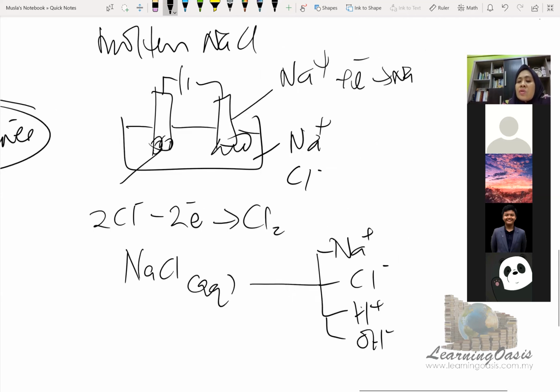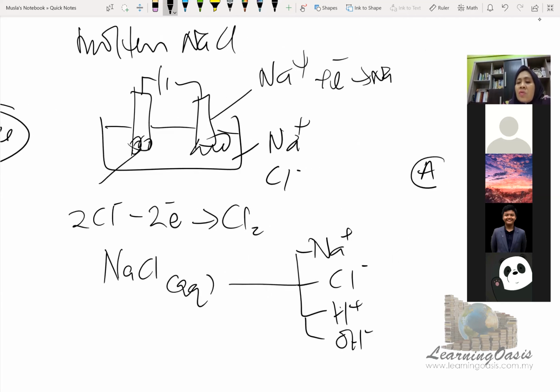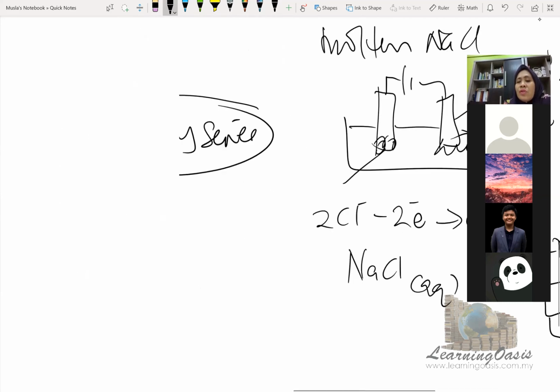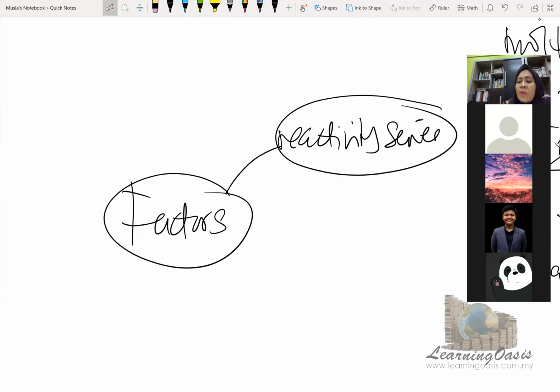Now, what goes to the anode? You have a choice of Cl minus and OH minus. Which one will be chosen? Remember the factors of the reactivity series: for ions, the least reactive will be chosen.